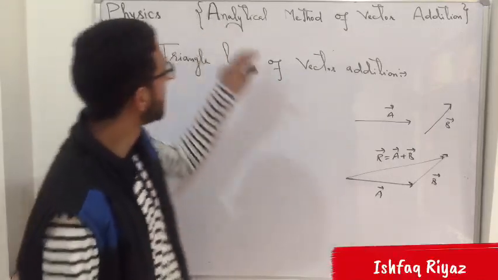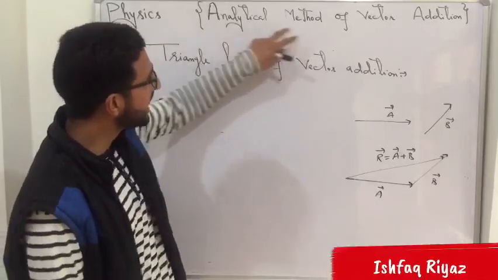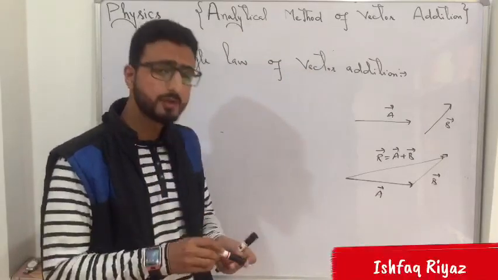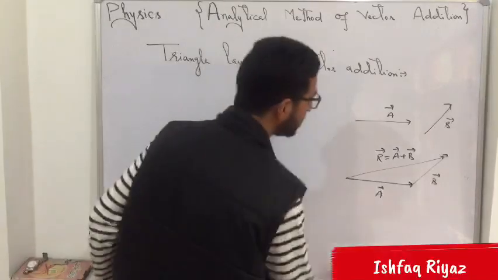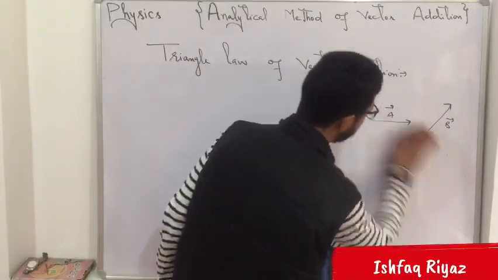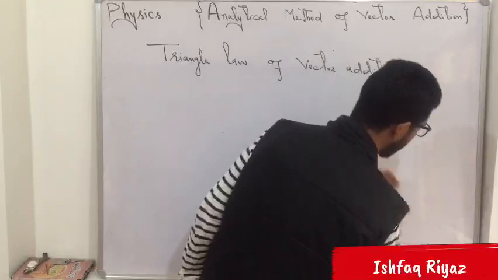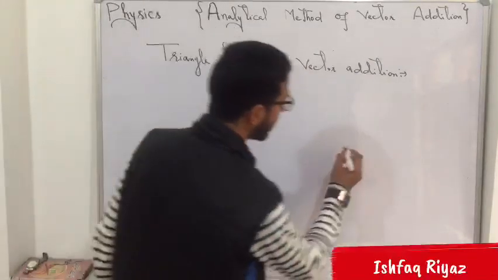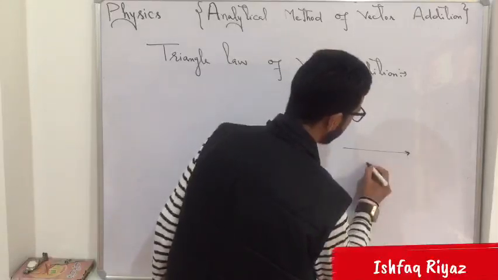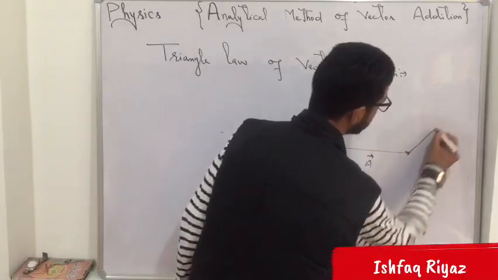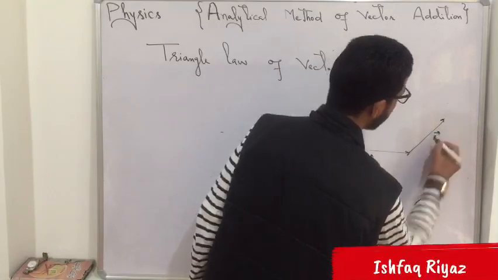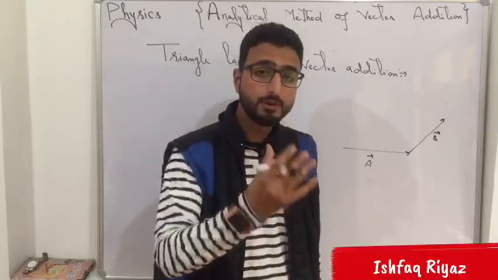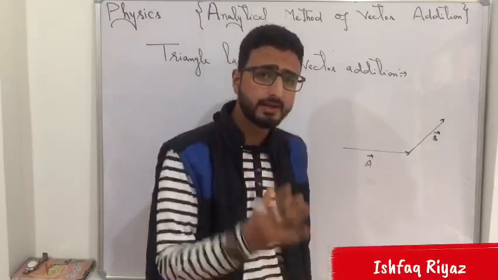Now here we are discussing the analytical method of vector addition by the triangle law. So let us find the magnitude and direction of the resultant vector R using mathematical analysis. Again, I will consider this vector A, and suppose this is vector B, and suppose they are inclined at an angle theta. You also know that the angle between two vectors is the angle between their directions, right?